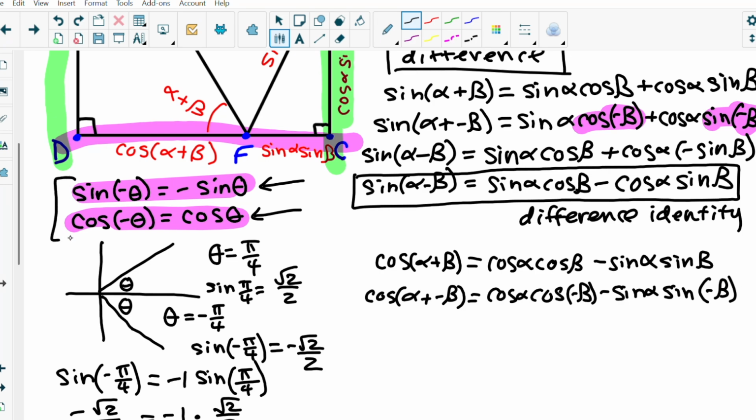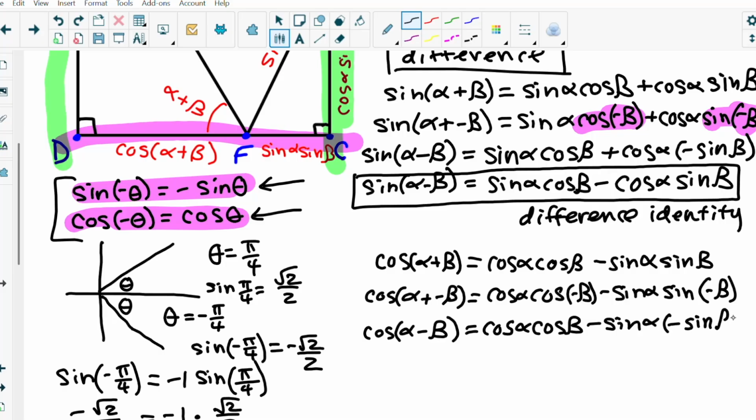So we have these two identities here. I'm going to plug those in. So cosine of alpha minus beta, there's our difference identity. Cosine of alpha, cosine of negative beta is just cosine of beta, minus sine of alpha, and I know sine of negative beta is negative sine of positive beta.